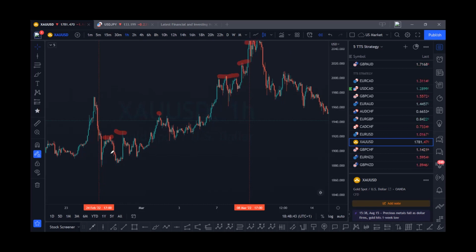So the highs are getting higher. We have a low here, a low, a low, and a low, and the lows are also getting higher. So this is an uptrend. When you see the price moving in higher highs and higher lows, we say that it's in an uptrend.